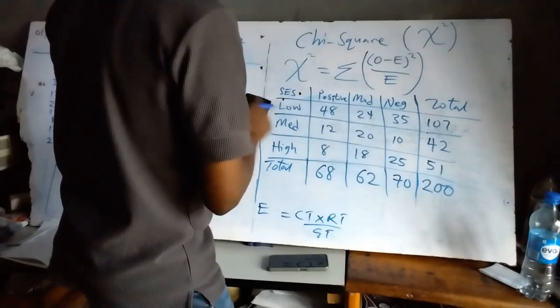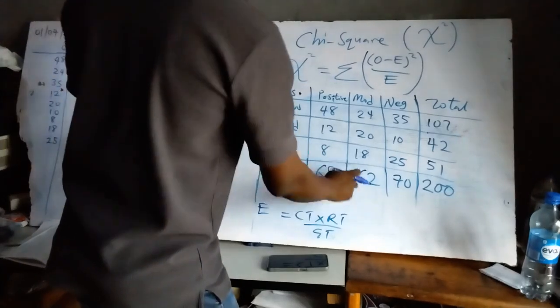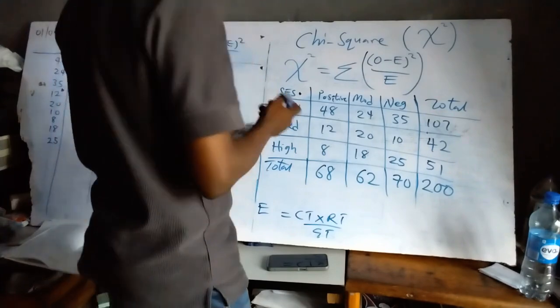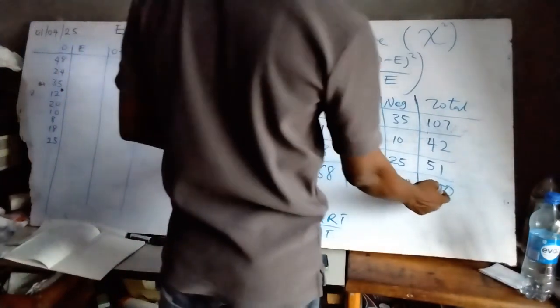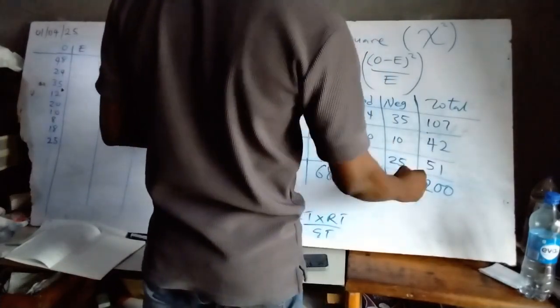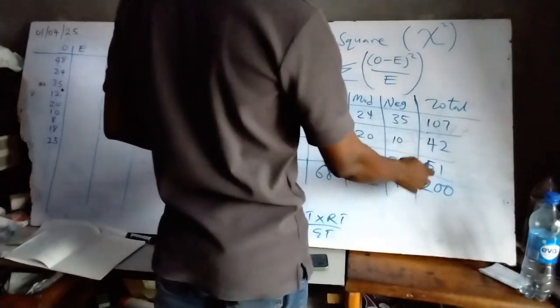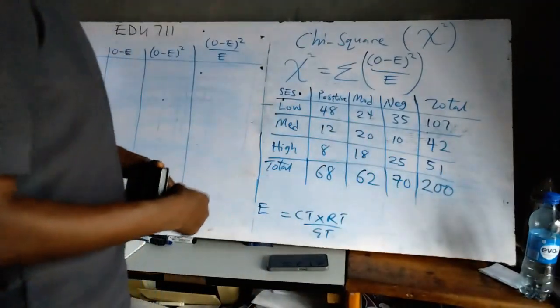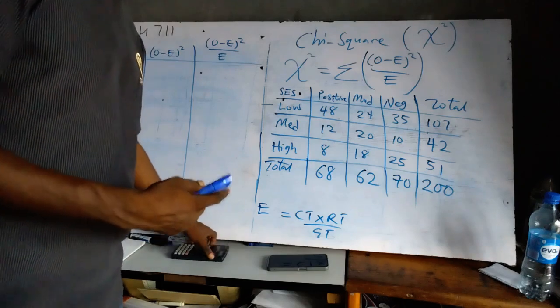That's 68 plus 62 plus 70, that's also 200. So whatever you get here must be the total for this and also the total for this. If the total you get here is different from the total you get here, then you should know that your calculation is wrong somewhere.